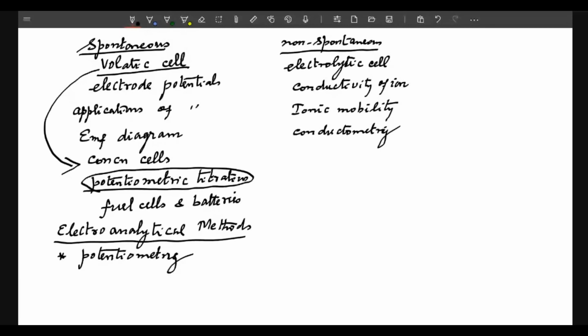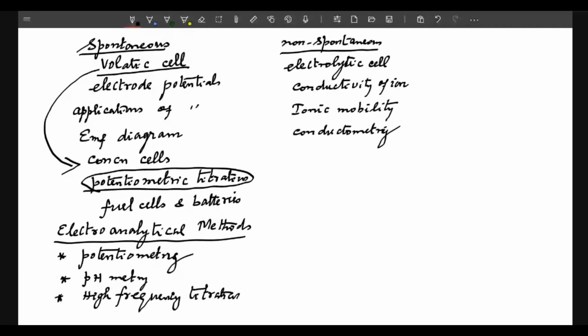pH metry, then high frequency titration, then conductometry.